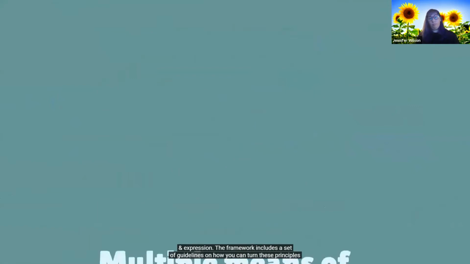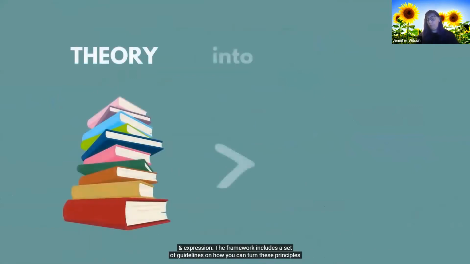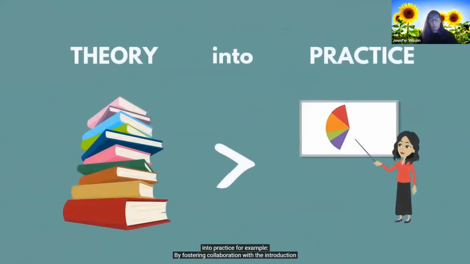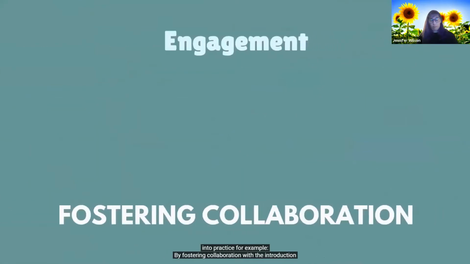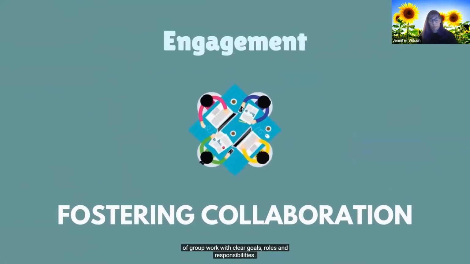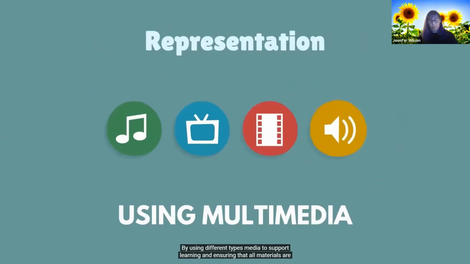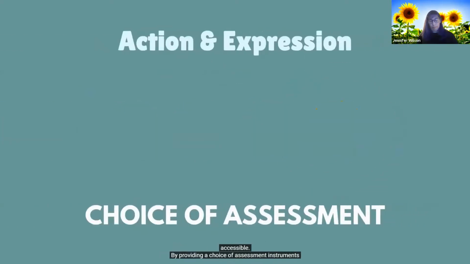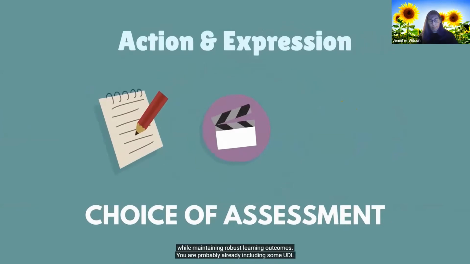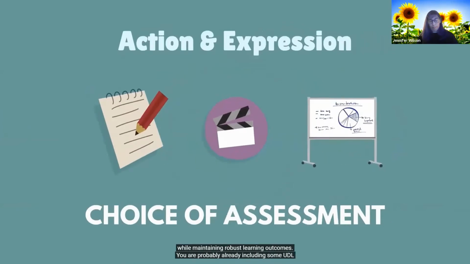The framework includes a set of guidelines on how you can turn these principles into practice. For example, by fostering collaboration with the introduction of group work with clear goals, roles, and responsibilities. By using different types of media to support learning and ensuring that all materials are accessible. And by providing a choice of assessment instruments while maintaining robust learning outcomes.